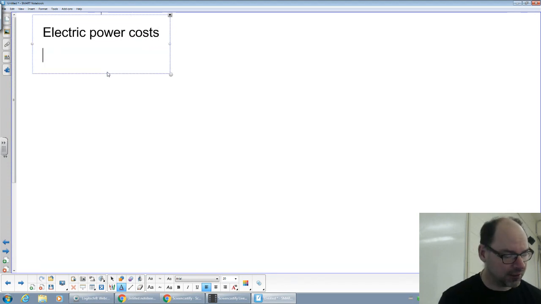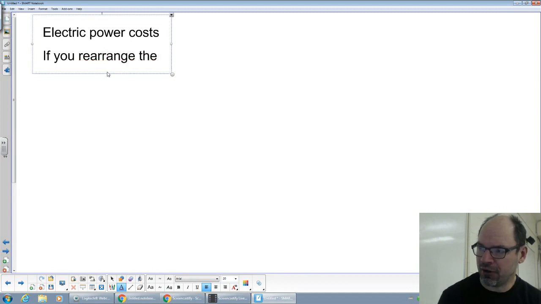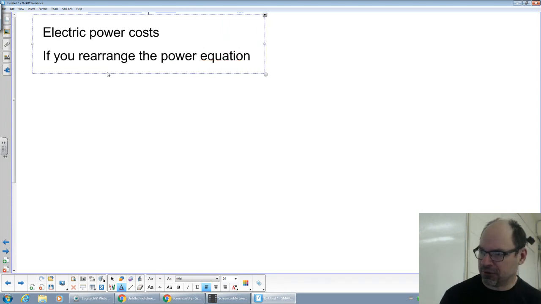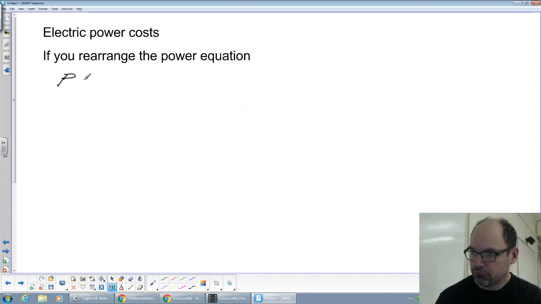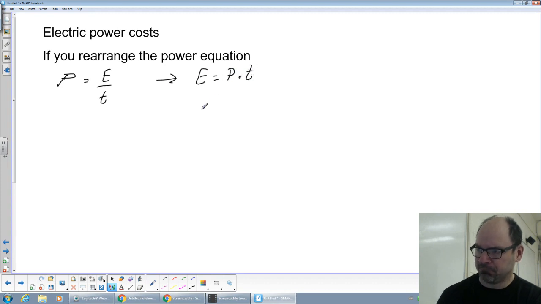So if you rearrange the power equation, if you take power, which was energy over time, and we want to get energy by itself, energy is equal to power times time.